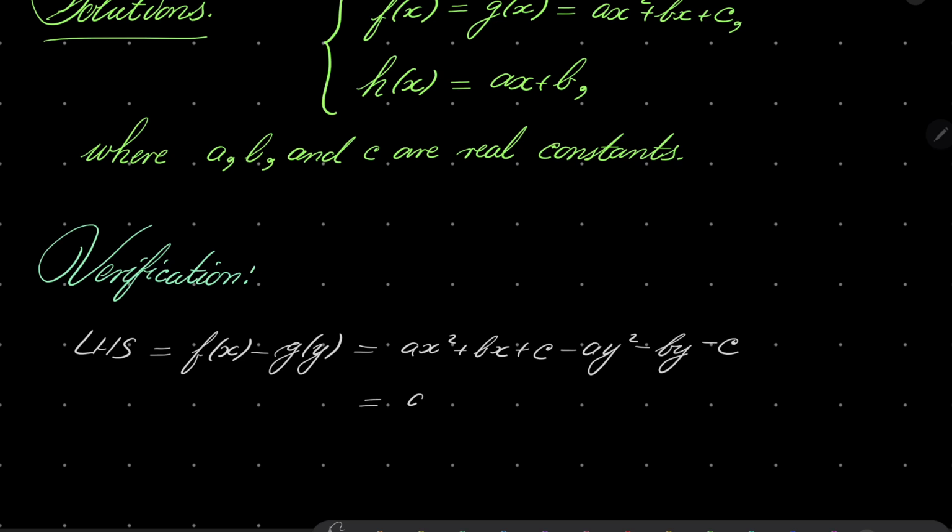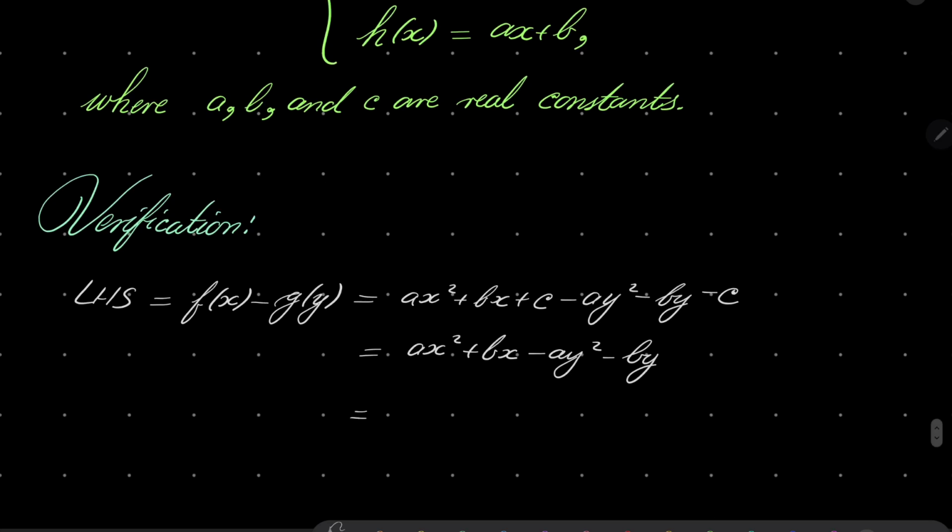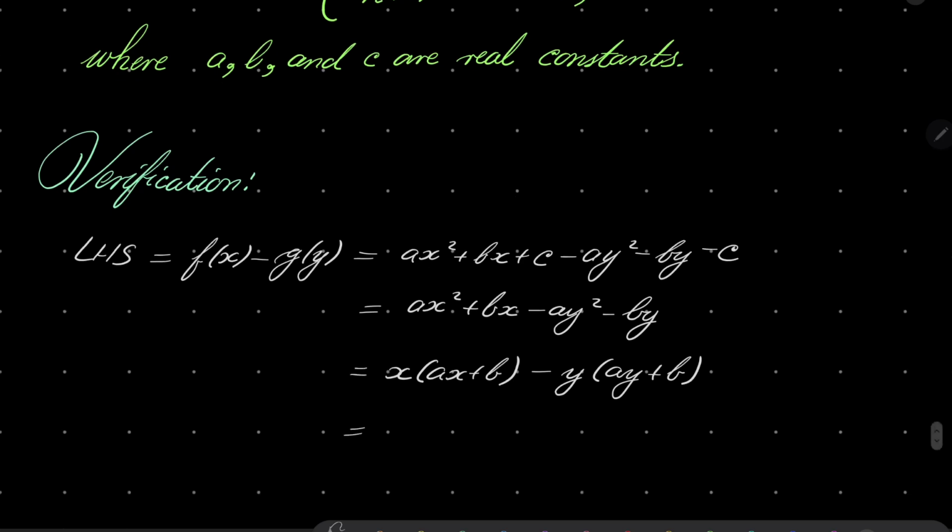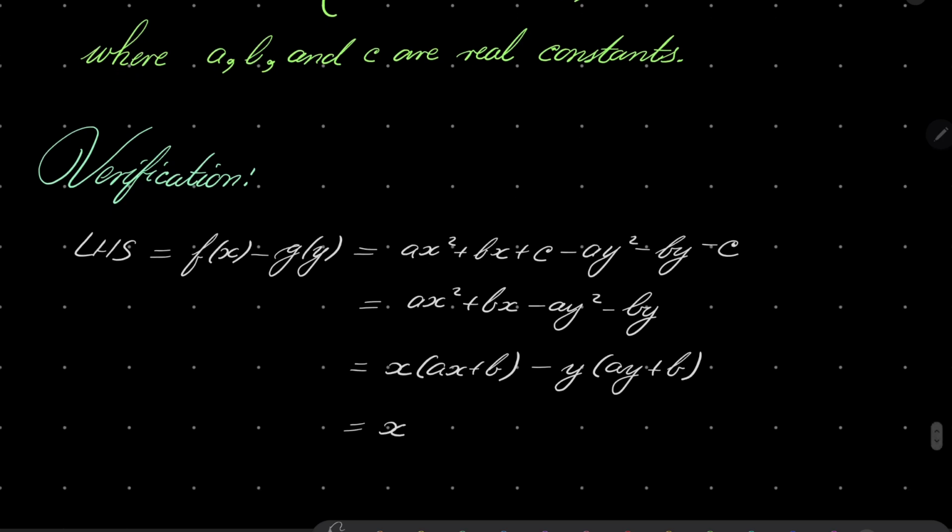And this is ax squared plus bx minus ay squared minus by. I can write it in the following way. I can factor out x here. So we have ax plus b minus, and here I can factor out y. All right, but remember what is ax plus b? Well, it's just h of x.